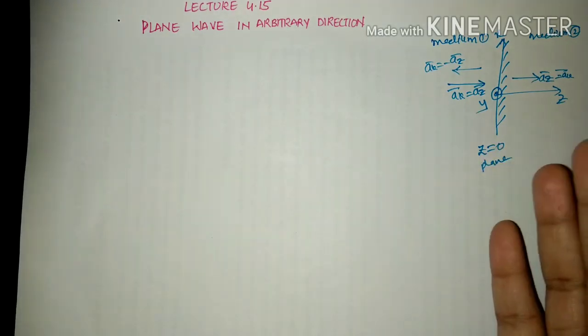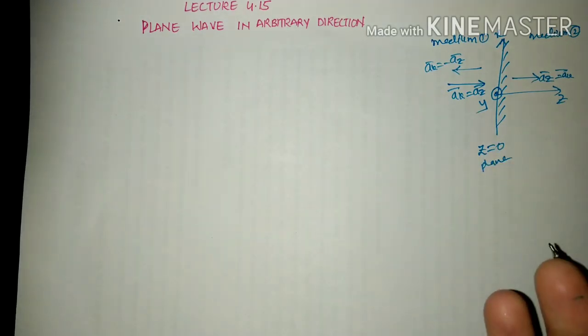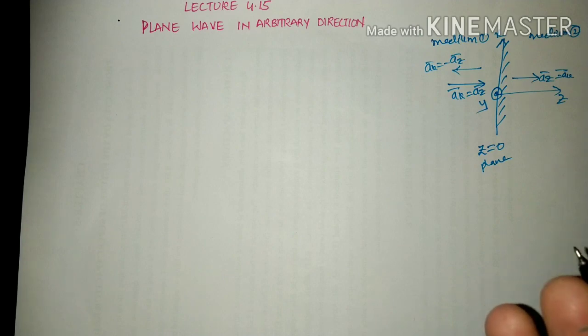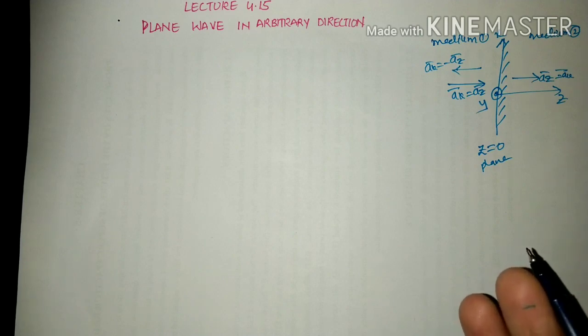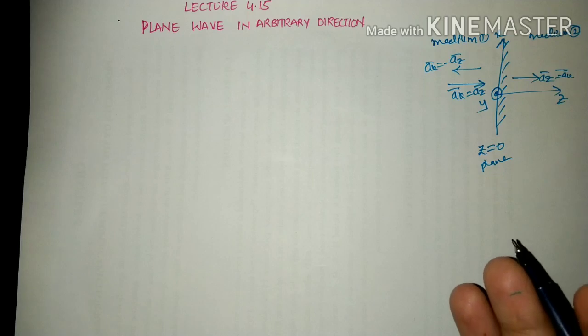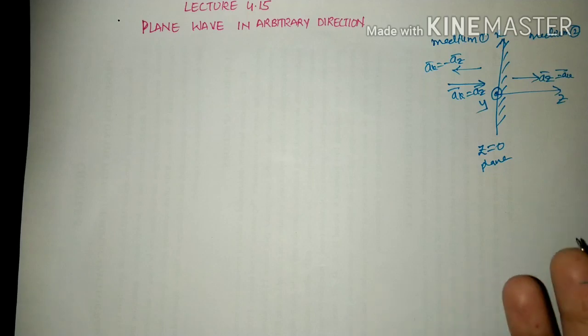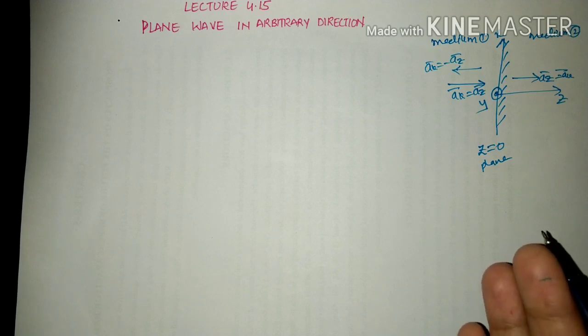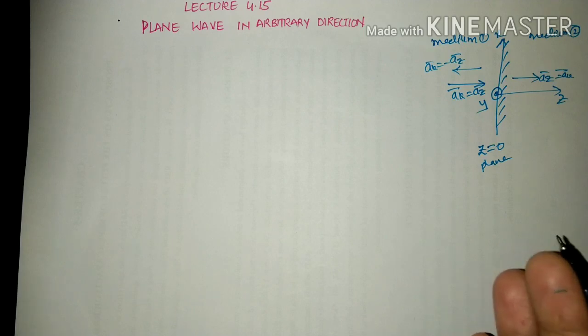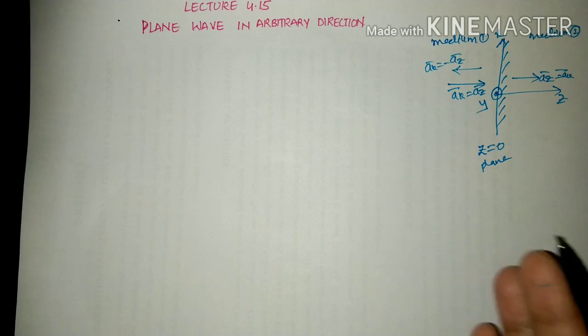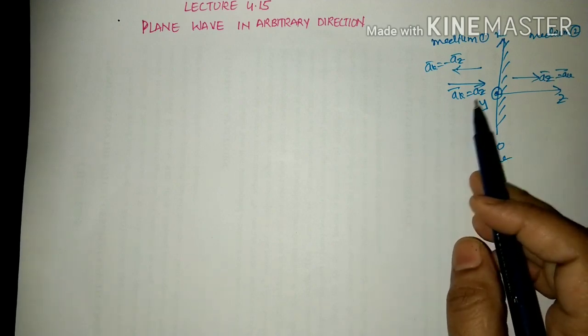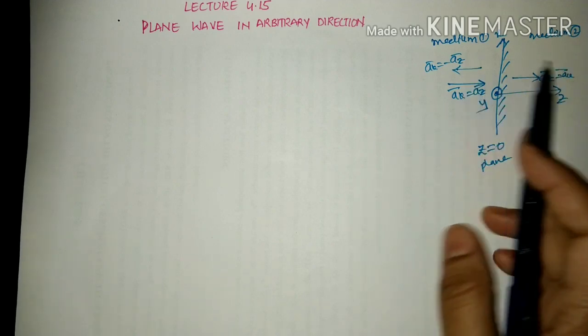It is propagating in some arbitrary direction. So our objective now is to determine how to represent a wave propagating in some arbitrary direction. We should be able to represent that wave mathematically. Then only can we define the relation between the incident wave and the reflected and transmitted waves.